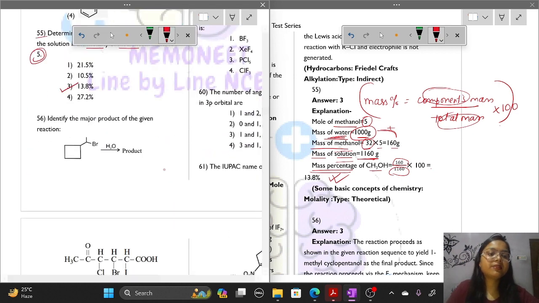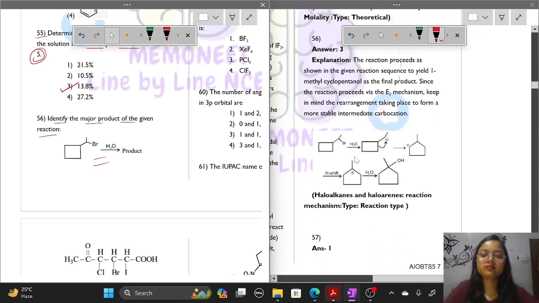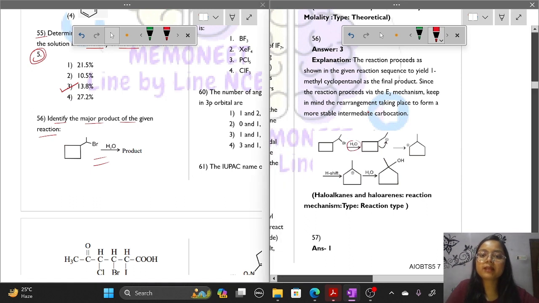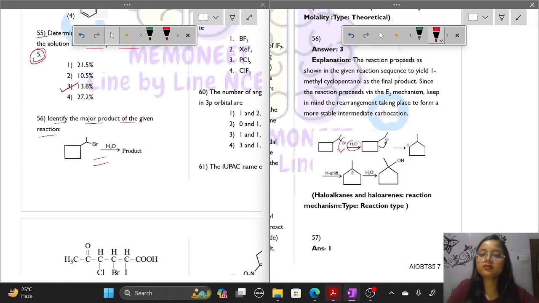For question number 56, identify the major product of the given reaction. Okay, this is the reaction given here. So for question number 56, this is the reaction. On adding water, the bromine atom is removed. Okay, and here a positive charge is formed.